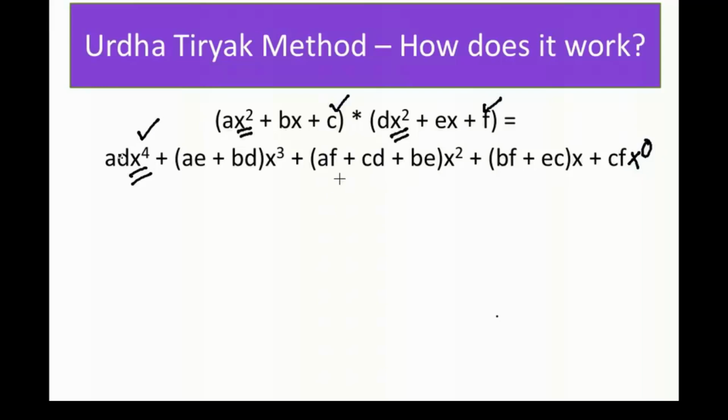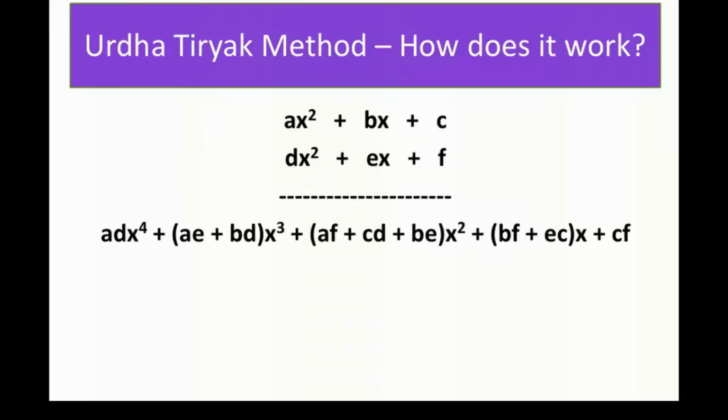So the point to note here is the number of terms we are getting starts from x to the power 4, because the highest power of x in the first polynomial is x squared, and in the second polynomial it is also x squared. So that's why the term starts from x^4 and goes till something without x, which is actually x to the power 0. So that's the principle here.